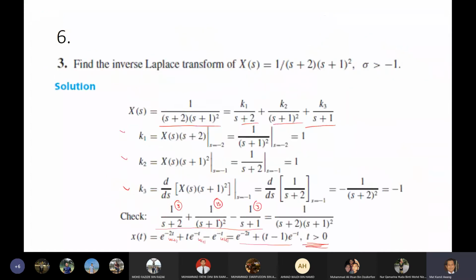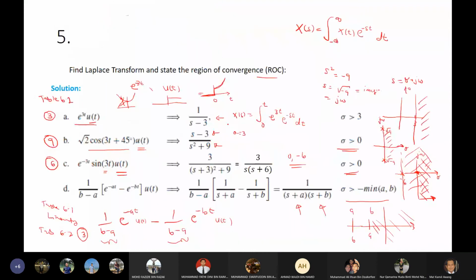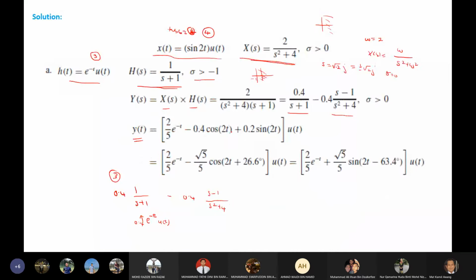So go to the table and try to find which one looks like this. Maybe number 7? Can it be number 7 to transform this?